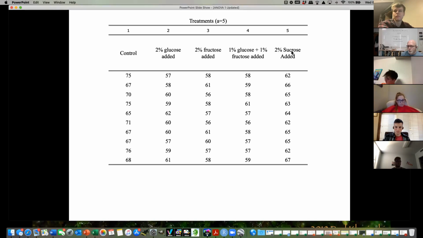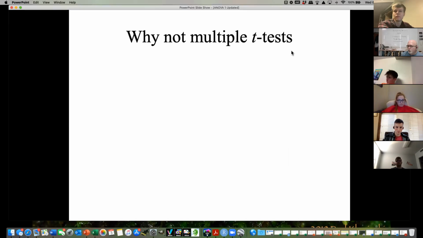So one of the questions that you might ask yourself is, why not just do multiple t-tests rather than learn a new technique? We already know how to do a t-test. What would your answer be? Wouldn't it be about the averages instead of the variance?